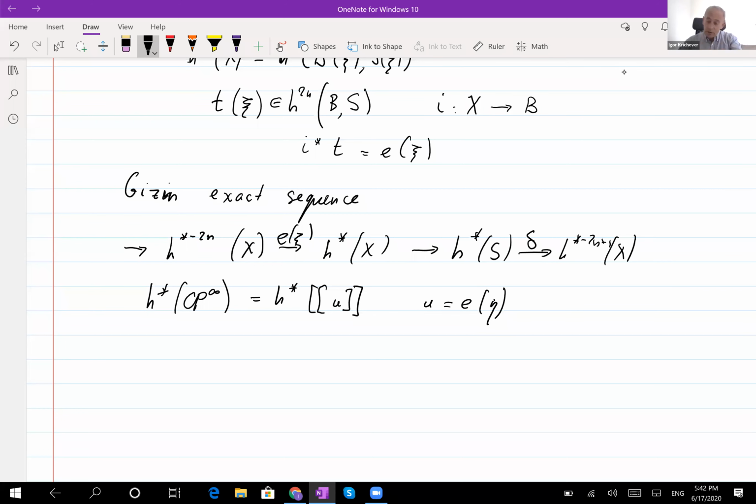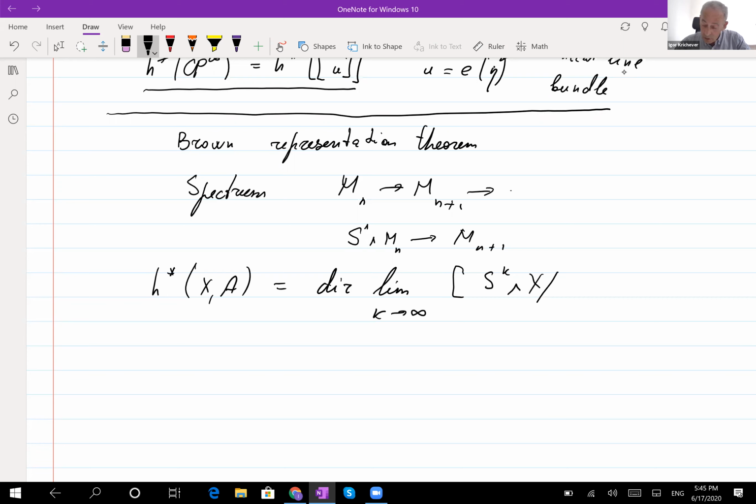And then if you have a sequence of such spaces, you define by this spectrum a cohomology theory by taking the limit, when k goes to infinity, of homotopy classes of maps of the wedge product of Sk with X over A to Mn plus k.